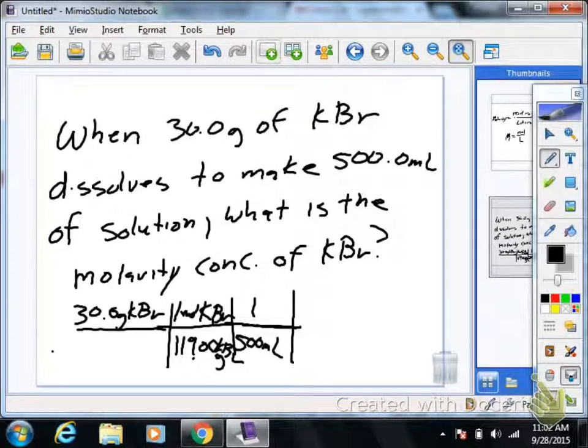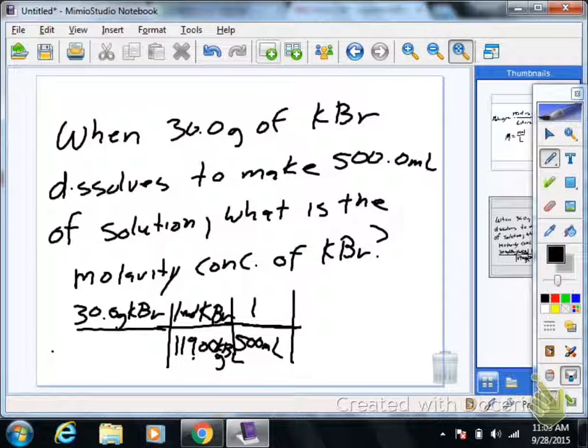So why is it over 1? It's just kind of like a fraction. I don't have to put a unit above. It's kind of like 30.0 grams of KBr over 1. I'm not showing the 1. But what it does is it gets me milliliters on the bottom. Okay? Yeah, it'd be kind of like that.